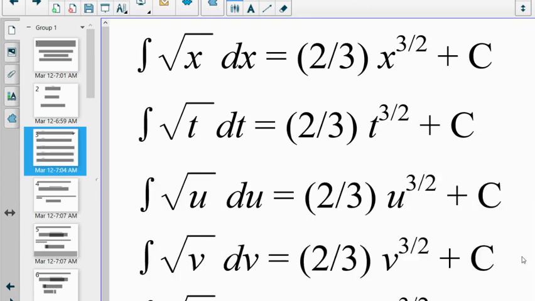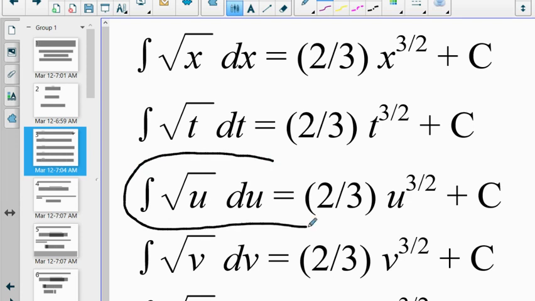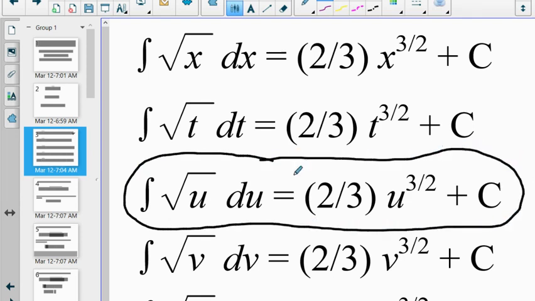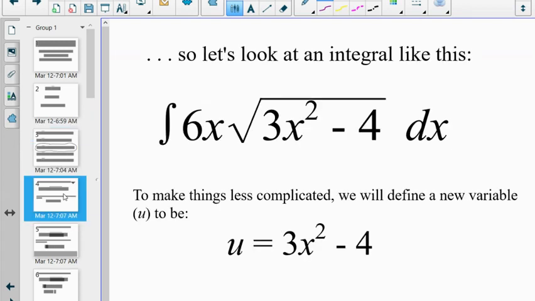I could keep going and substitute every letter of our English alphabet or the Greek alphabet, or I could even make up symbols to stand for the variable. It doesn't matter what that variable is. And I guess this is kind of the key one. As we do use substitution, the fact that we know what the integral of the square root of u is going to be helpful with the first example that I will be doing with you here today.